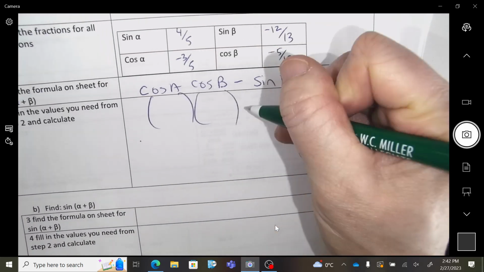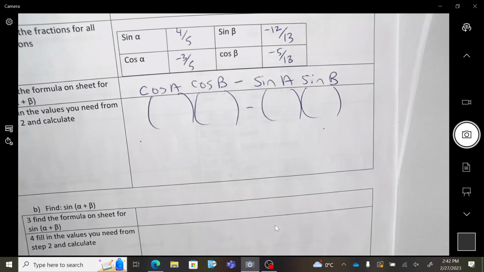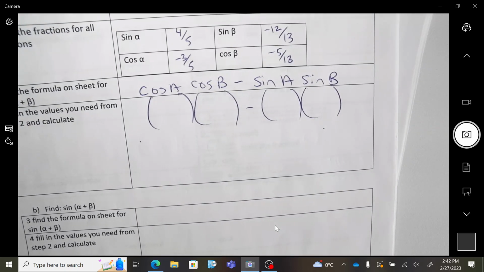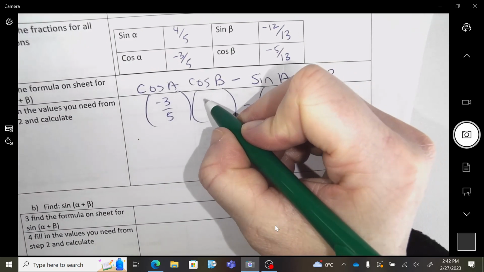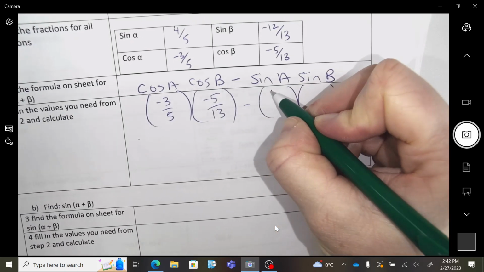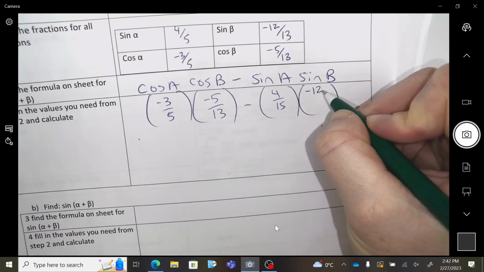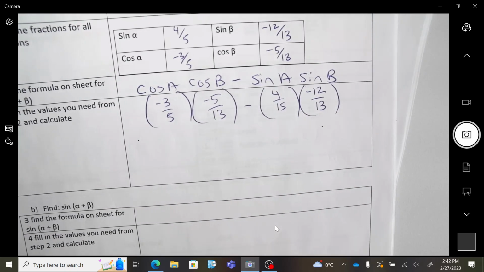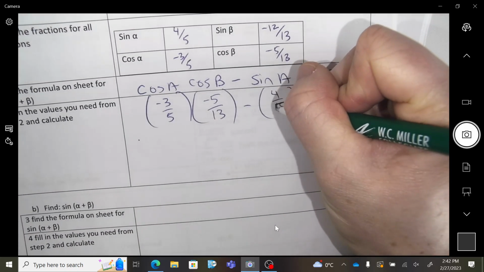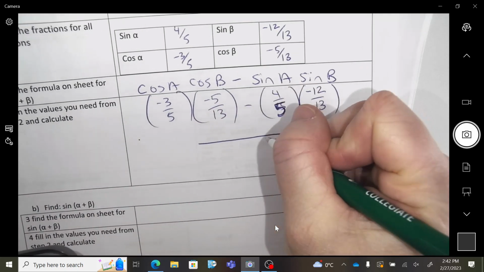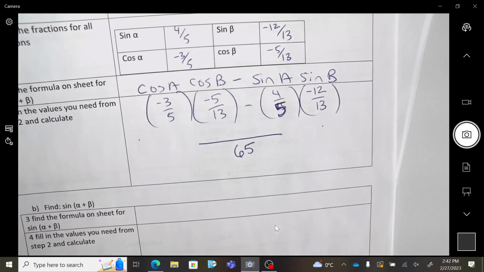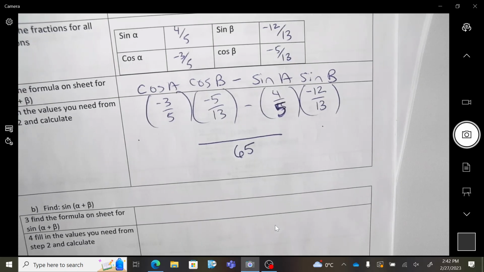Now, give yourself room to fill in the 4 numbers and then grab them because we've already done the work. Okay, I like to do the bottom first because they both have a 5 times 13 on the bottom.